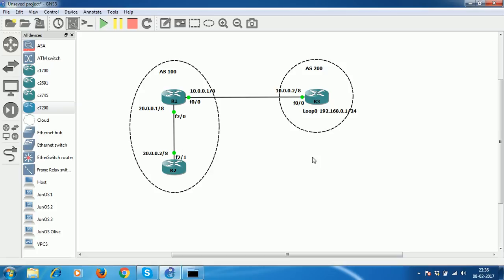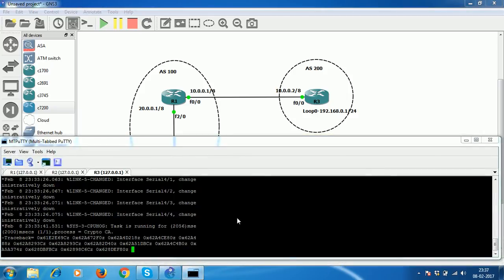Router 1 and router 2 are going to form iBGP, because they are in the same AS, AS100. Now let's start configuring, so we'll come to know what issue we will be facing and how we can make this reachability successful.